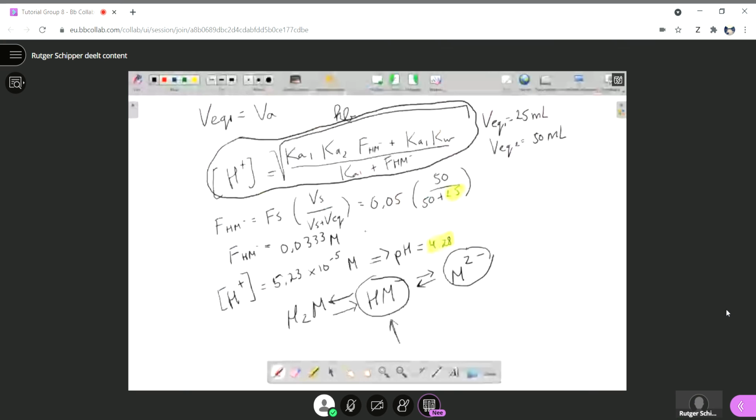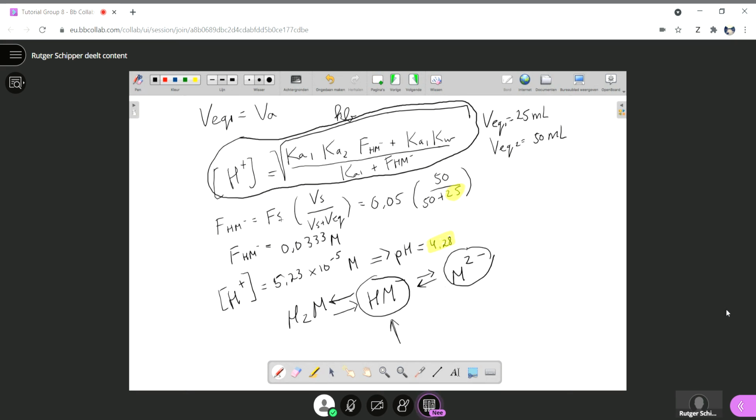Okay, so we fill in the new formula that I gave you with the intermediate state. What's important to realize is that the formal concentration has changed again, because we added 25 milliliters to our system. This means that the formal concentration of malonic acid has been diluted, and this time it has been diluted 25%, right?